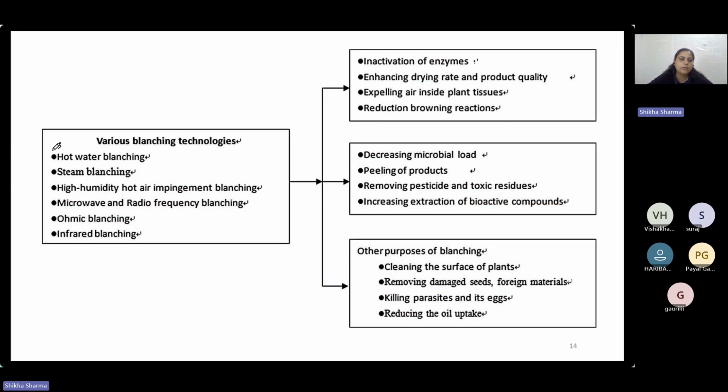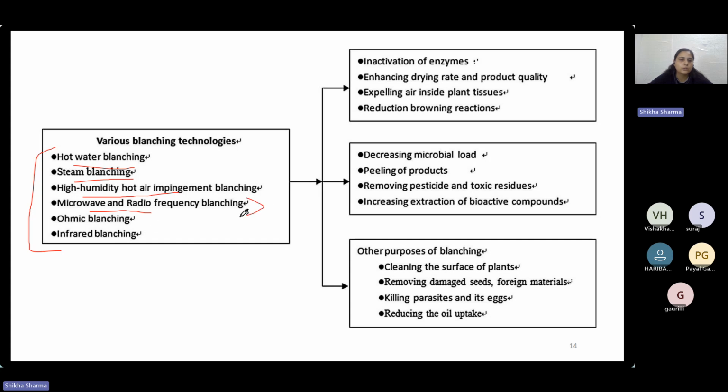In blanching, we have various technologies like hot water blanching, steam blanching, high humidity hot air impingement blanching, microwave and radio frequency blanching.